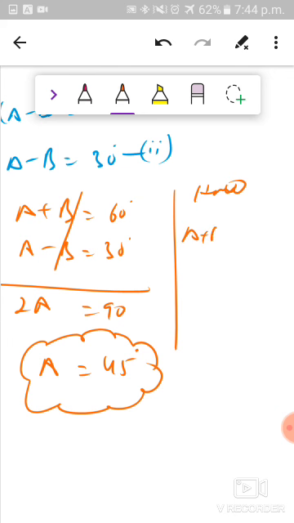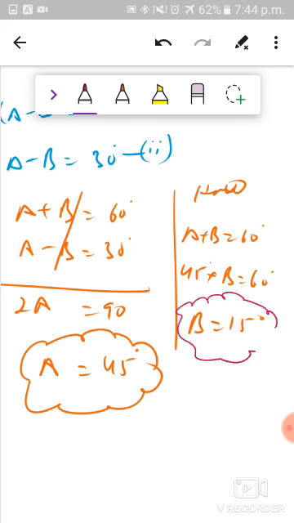A plus b is 60, a is 45 degree plus b equals 60 degree. So b is 15 degree. So we got a and b both. This is how we will solve this type of question.